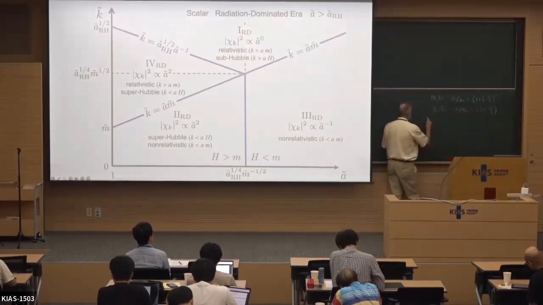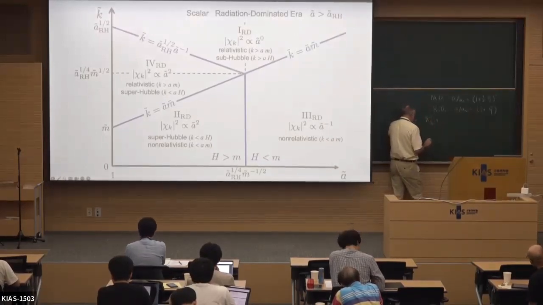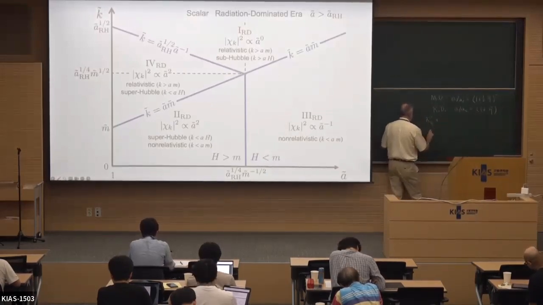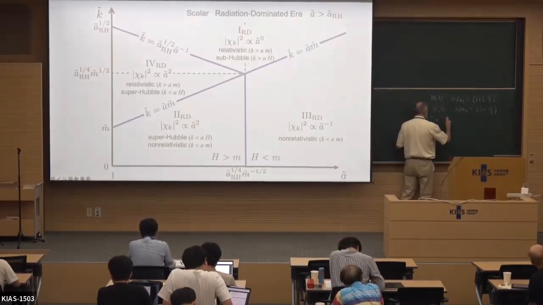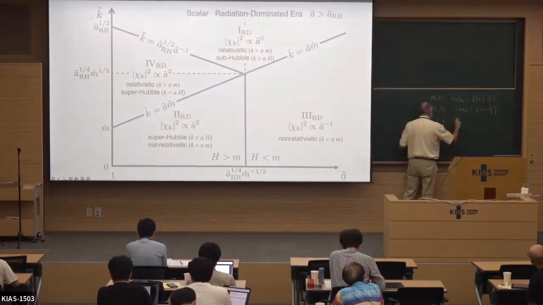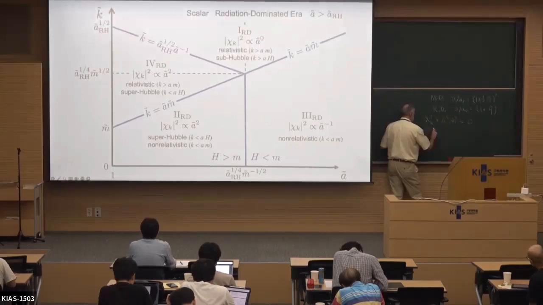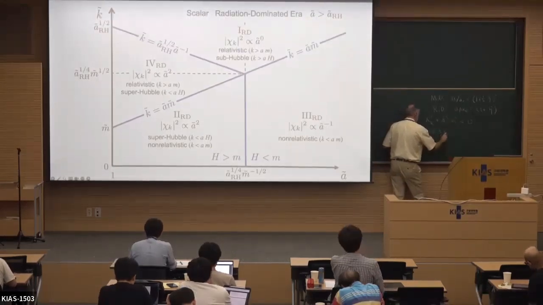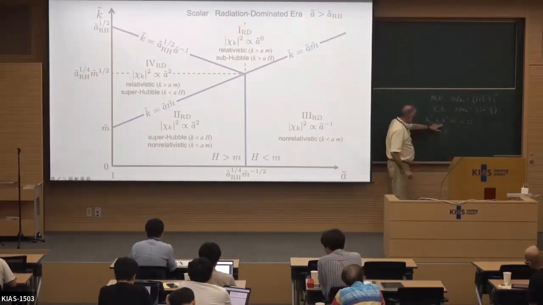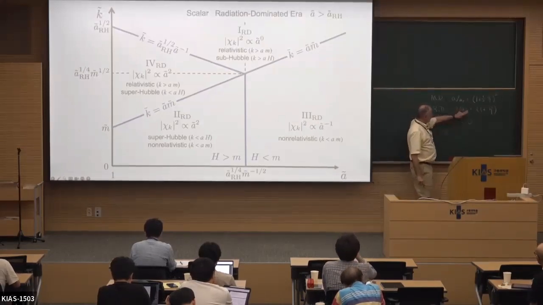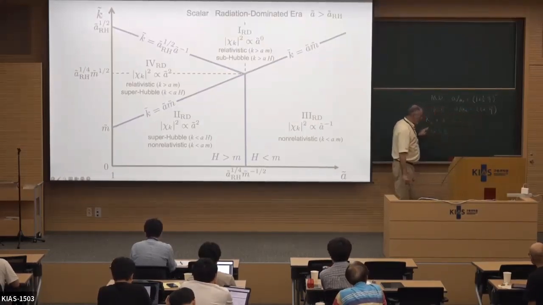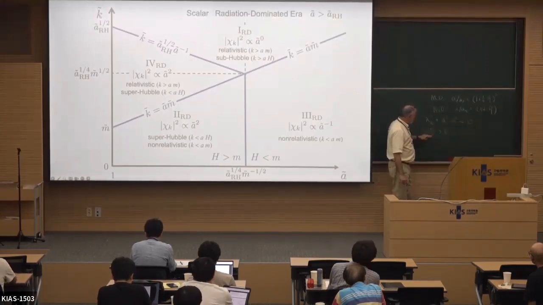So when we look at the mode equation, and this will be when a squared, a will bring in a different value of eta depending upon whether it's radiation or matter dominated.